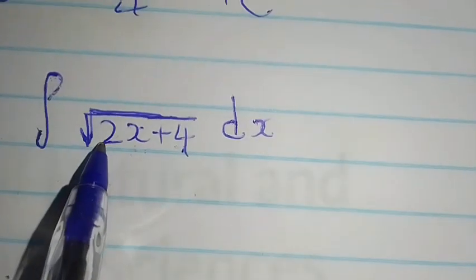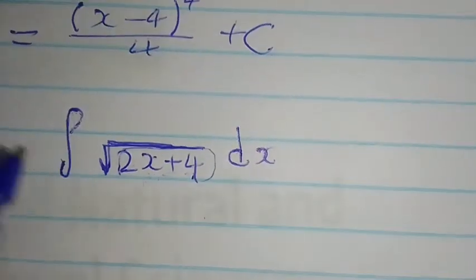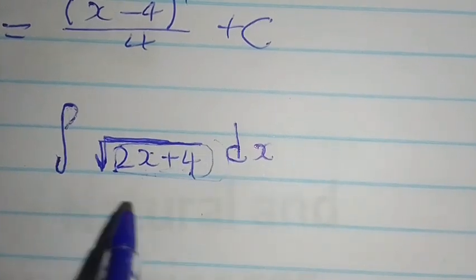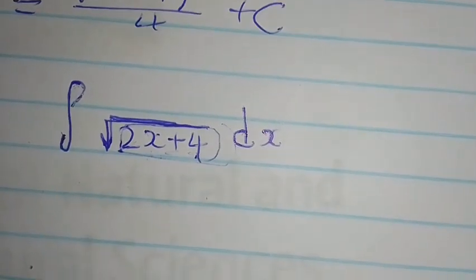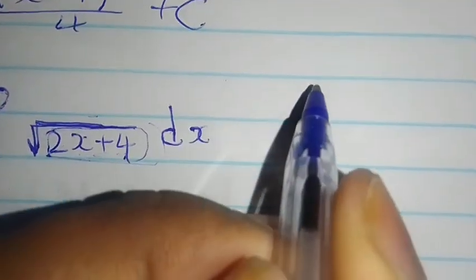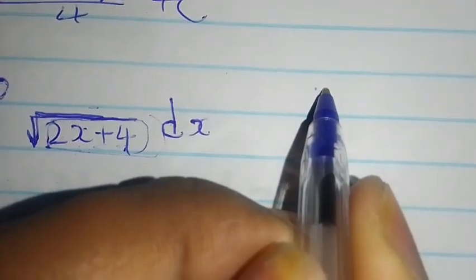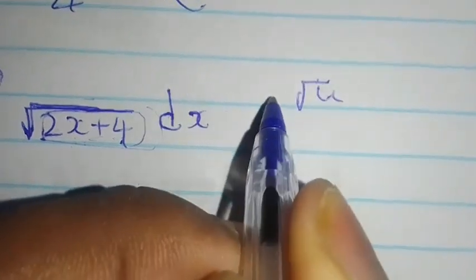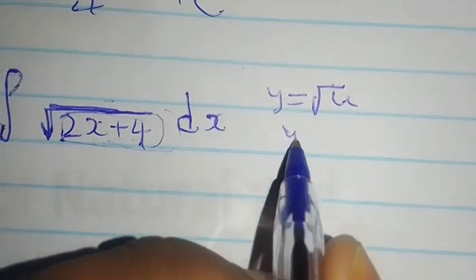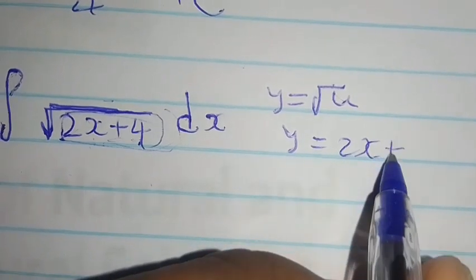Notice that here you have a linear function, 2x plus 4, that is inside a square root, or a radical function in that case. So you're going to have the square root of a function, and you have another function where y is the same as 2x plus 4.